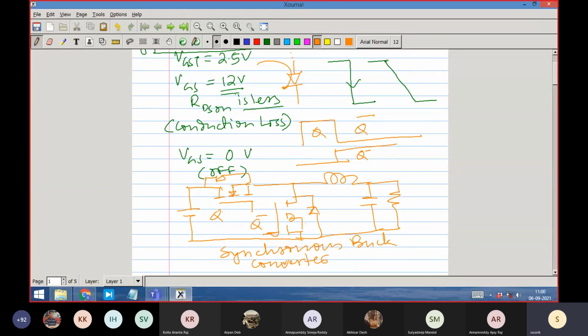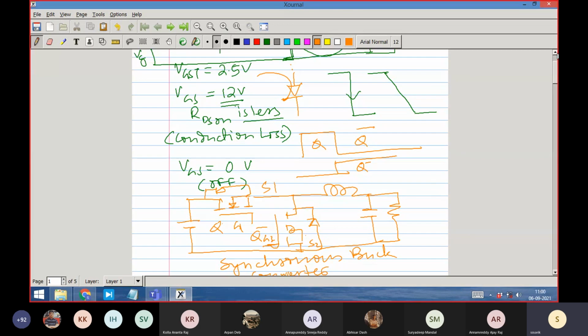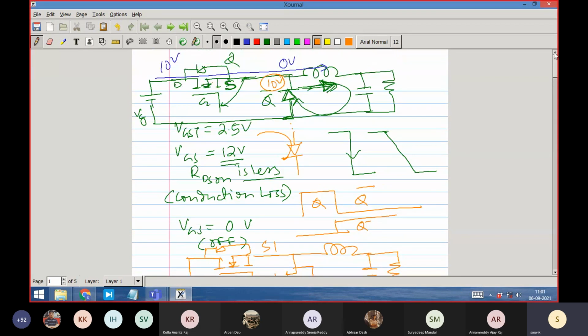There has to be a pulse between the gate and source, G1 S1 and G2 S2. Gate pulses have to be given high or low to make them operate. There is a little bit to think about, what will be the difference in operation in this case. That we will take up in the next class.